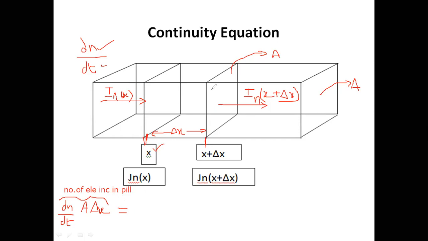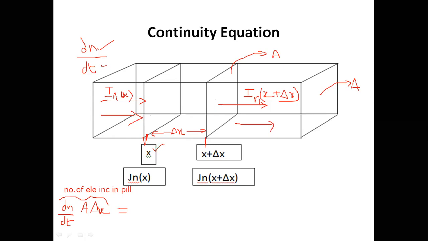When will it increase? It will increase if the inflow of electrons is high and the outflow of electrons is low, then only the electrons in this pillbox will increase. I want to write not in terms of current, but in terms of current density.